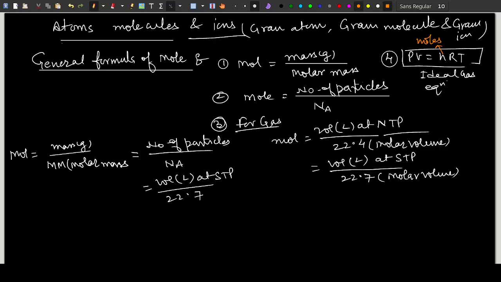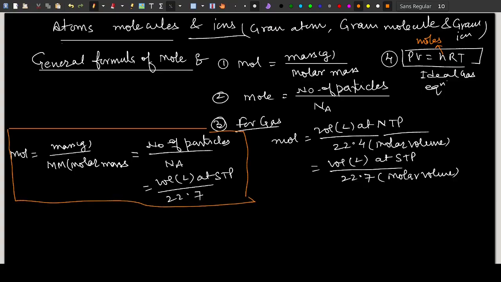This is the combined formula, but remember this is applicable only for gas. This is not applicable for solid and liquid.